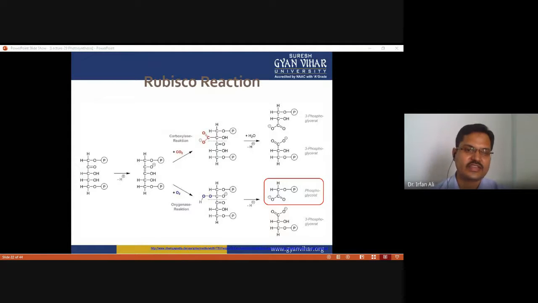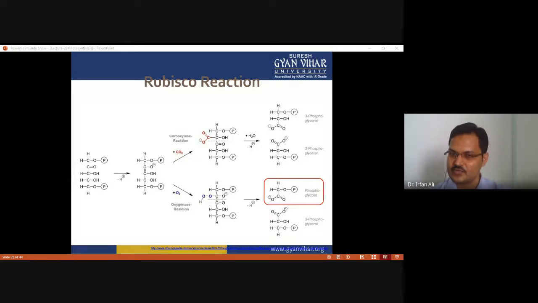This is the substrate for Rubisco. In the presence of Rubisco, it can react with carbon dioxide and produce two molecules of 3-phosphoglycerate, and in the presence of oxygen, it can also react and produce one molecule of 3-phosphoglycerate and one molecule of phosphoglycolate. The molecule with the circle around it is produced during photorespiration.